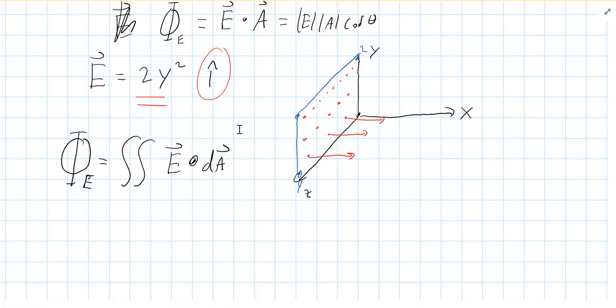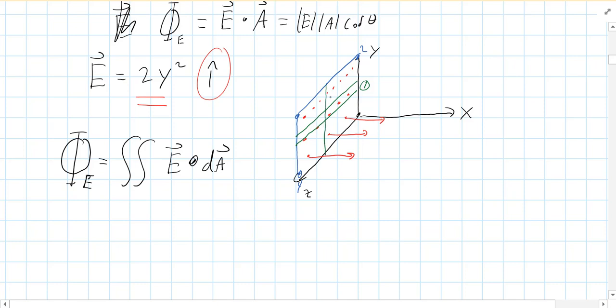Now for a rectangle, there are 2 dAs that make sense. There are dAs that run this way, I'll call that 1, and there are dAs that run vertically, I'll call that 2. Which tiny sliver of that rectangle would be more appropriate in this example?